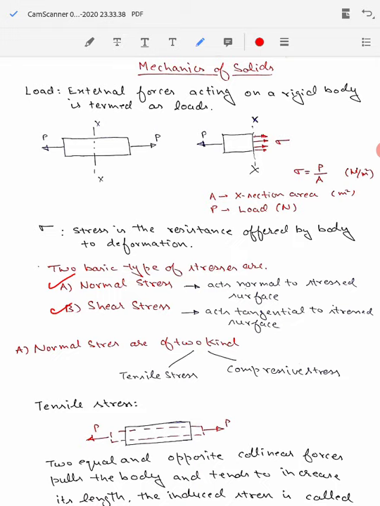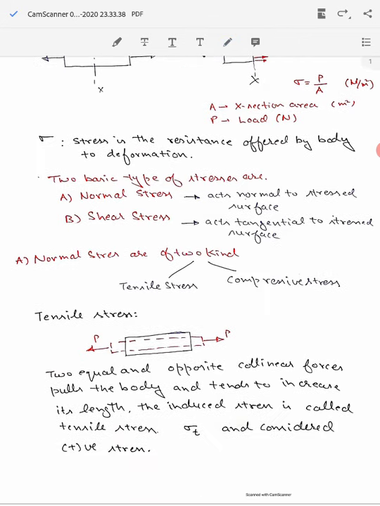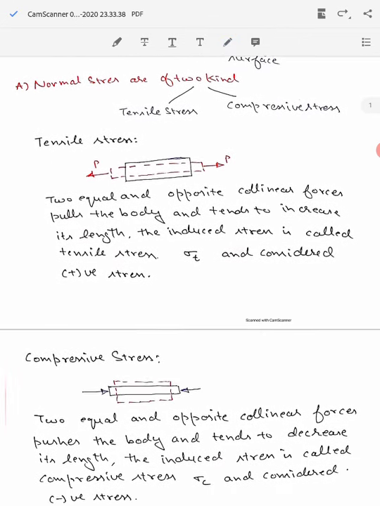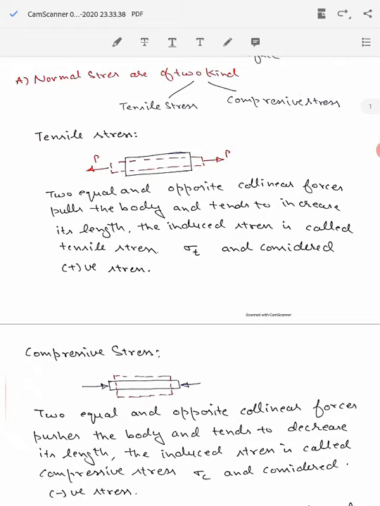Now these normal stresses are of two kinds. One is termed as tensile stress, the other one is called compressive stress. Now what is the tensile stress? A tensile stress is the stress when two equal and opposite collinear forces pull the body in such a way that they tend to increase its length.